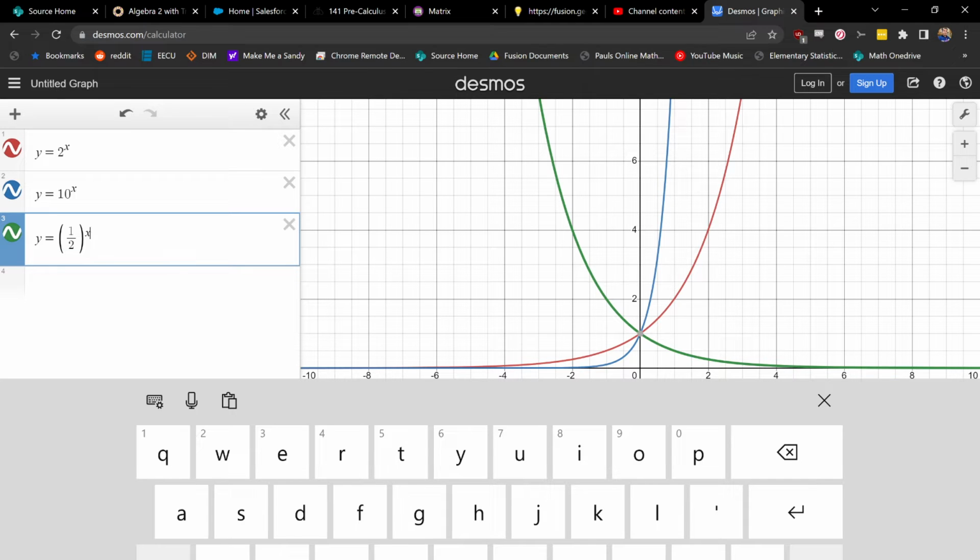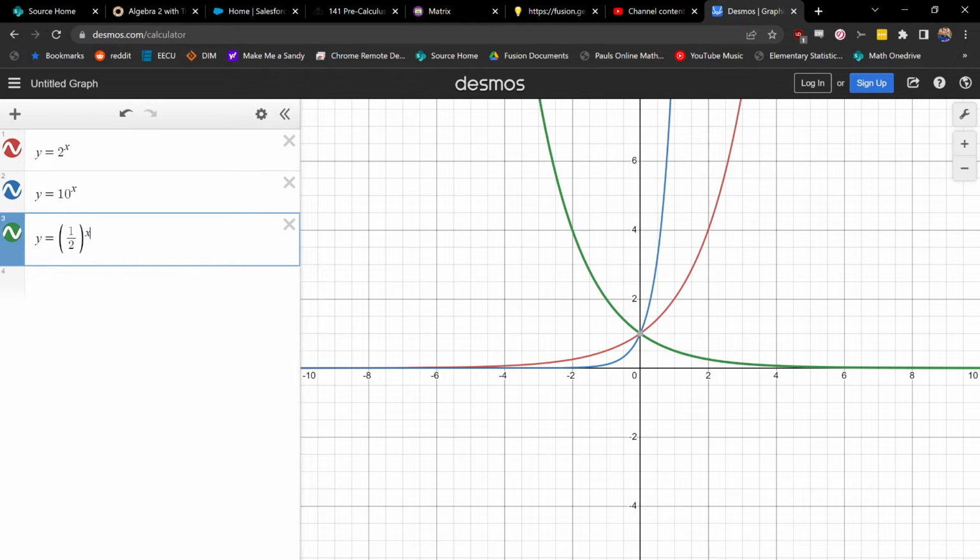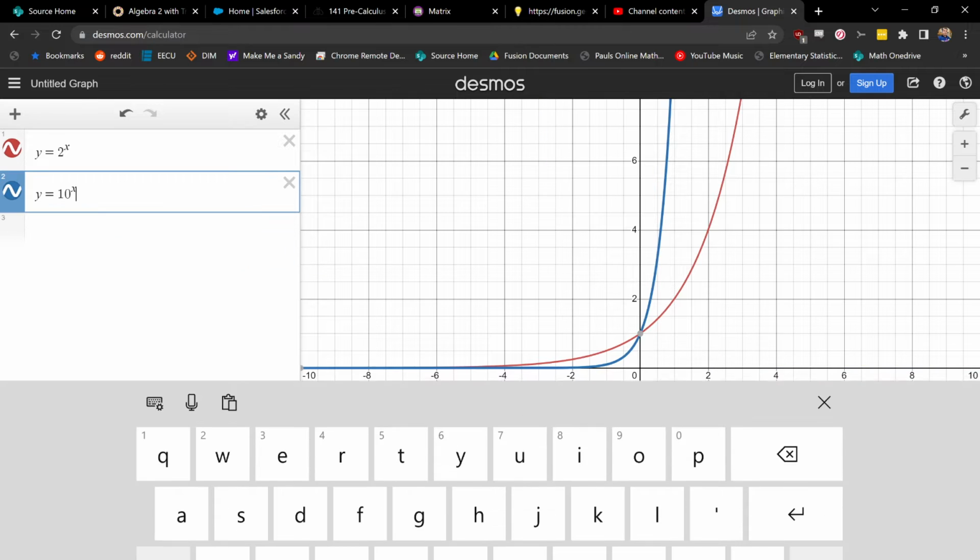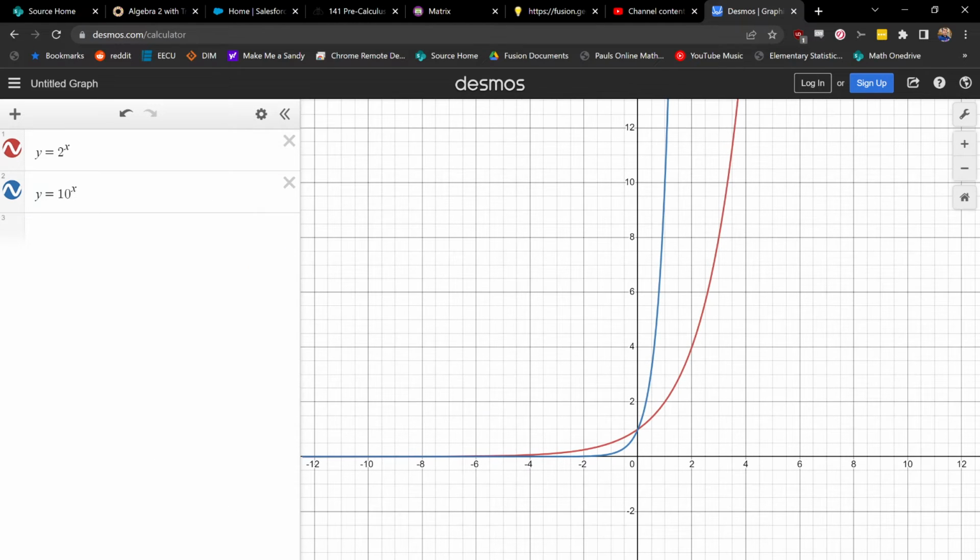Okay, well, we're not going to worry about that for now. But yeah, the larger that number gets, the sharper the curve will be.